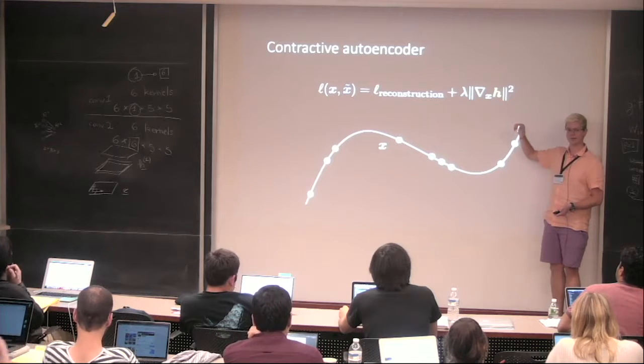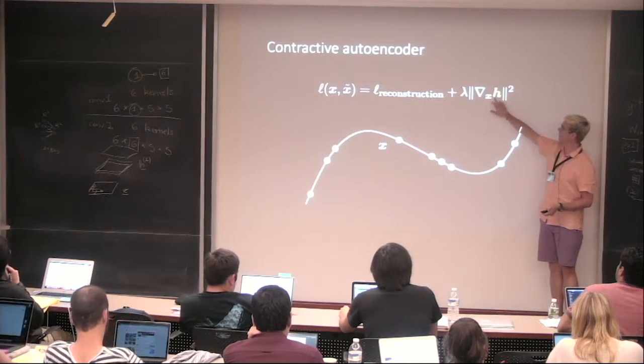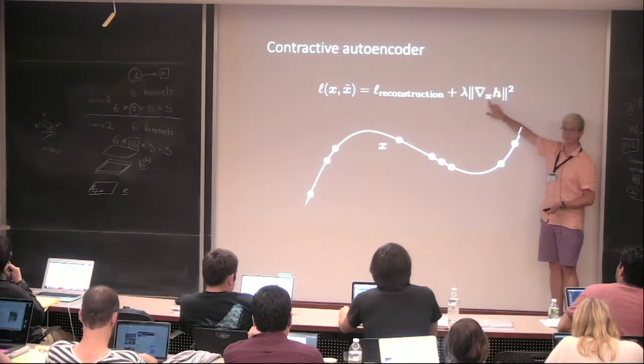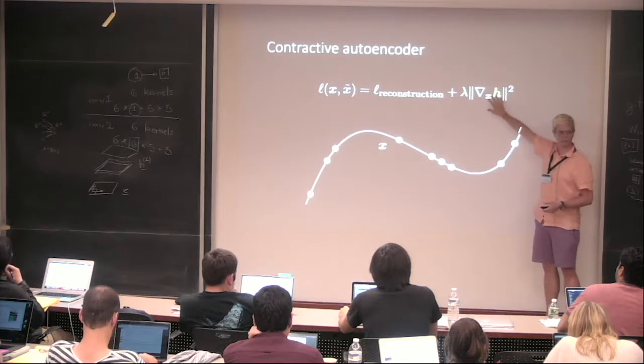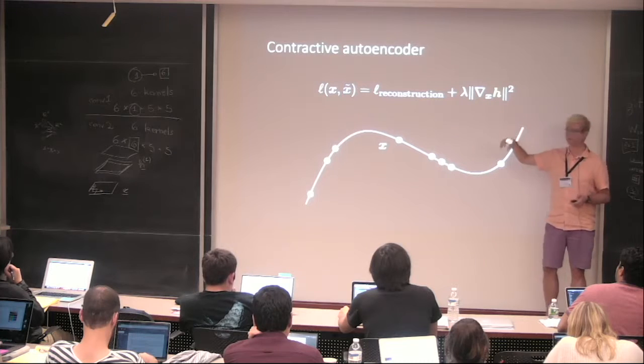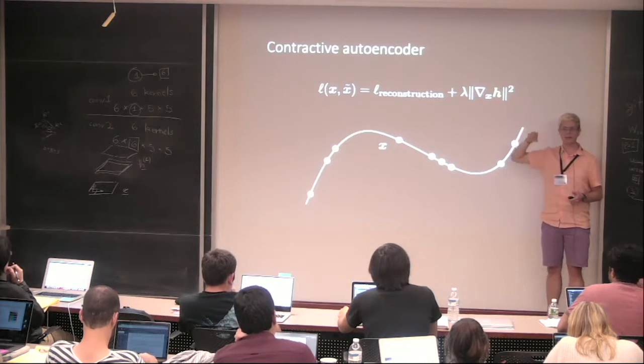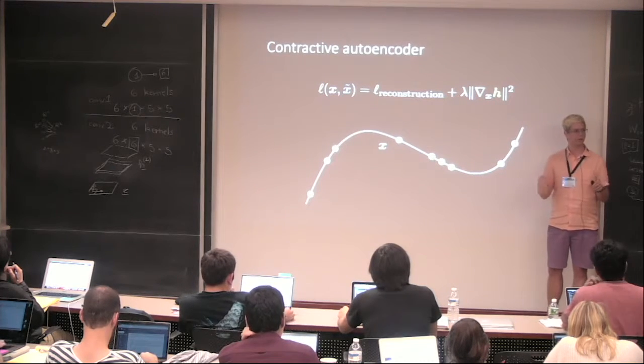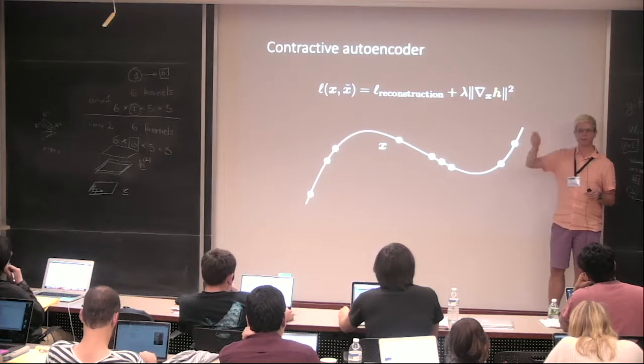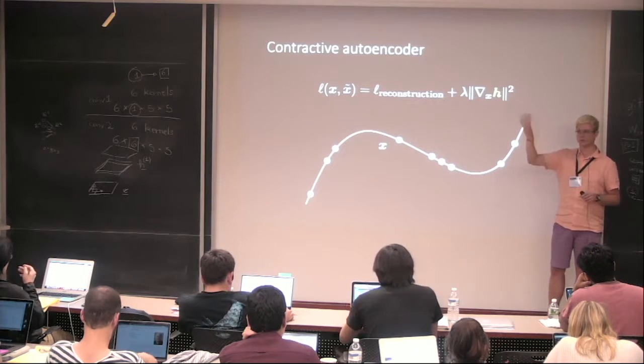This one is going to be penalizing the sensitivity to the X. So basically, if this is very strong, my hidden layer is going to be completely insensitive to the input. Whatever my input is, my h is going to be always the same, right?